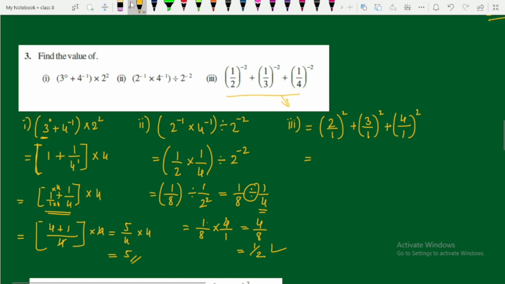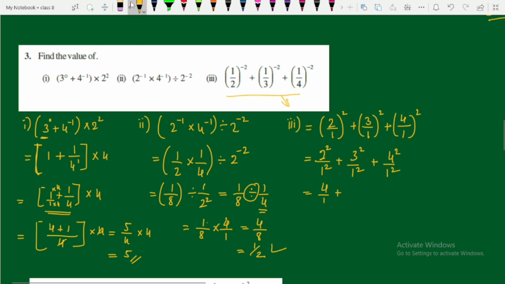So now you can see a upon b whole square, right? So a square upon b square. So 2 square upon 1 square plus 3 square upon 1 square plus 4 square upon 1 square. Now you get 2 square is 4 and denominator 1.